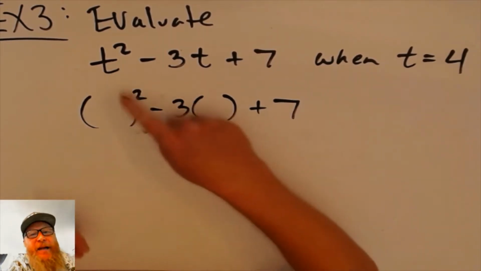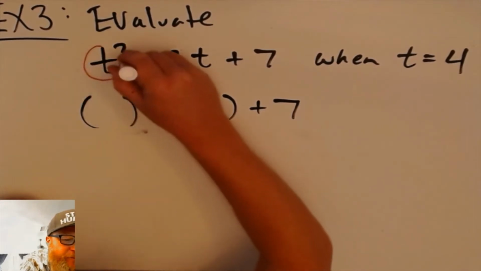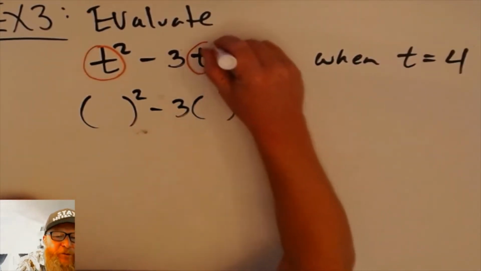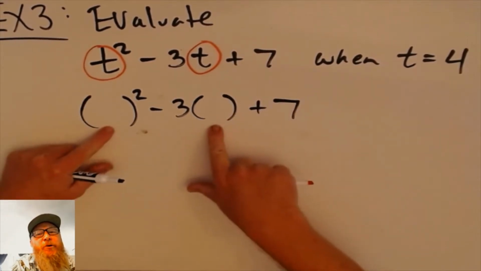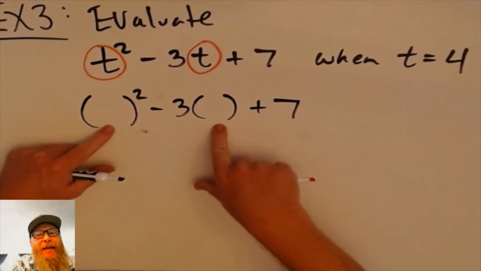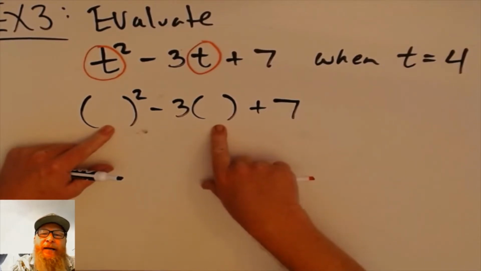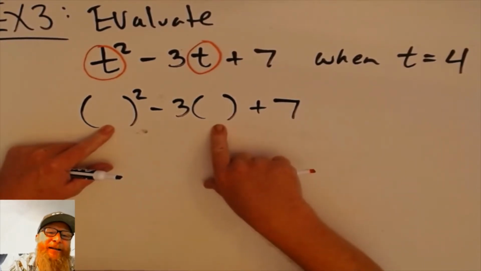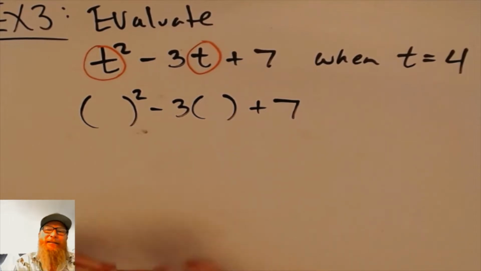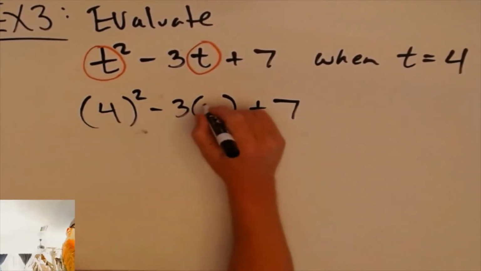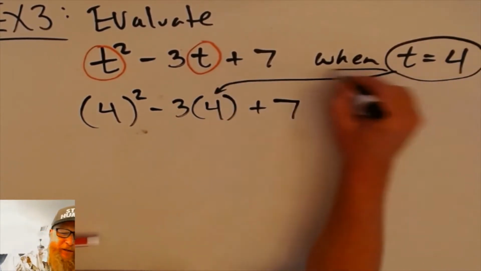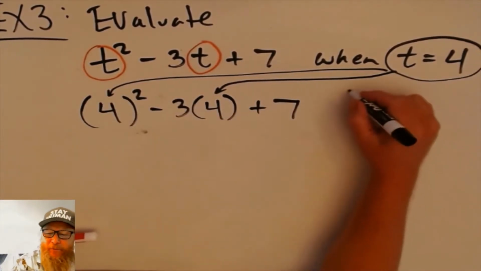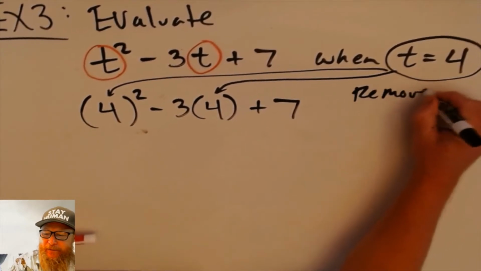So one thing I recommend, it's going to be very important as we move through the chapters. Every time you see a variable, remove it and put blank parentheses where the variable used to be. Because if you don't do that, you might get the right answer, but you are much more likely to get the right answer by removing and replacing, using parentheses.